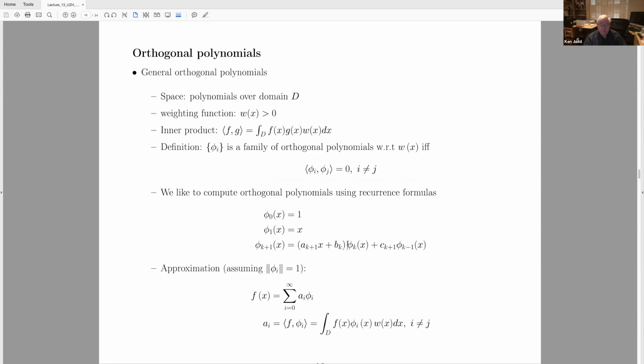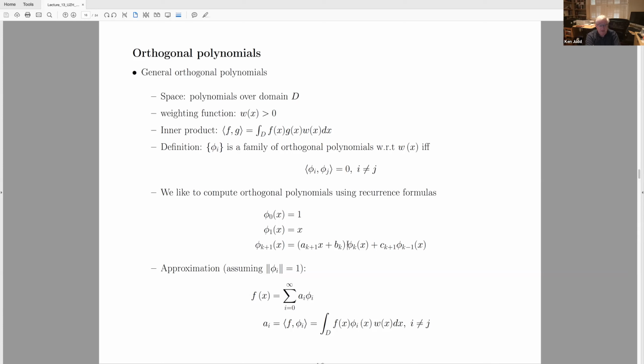Now, okay, so now what I'm going to do is, again, describe to you some terminology. A lot of this lecture is just going to be sort of teaching you the language. Now, we often like to use orthogonal polynomials.